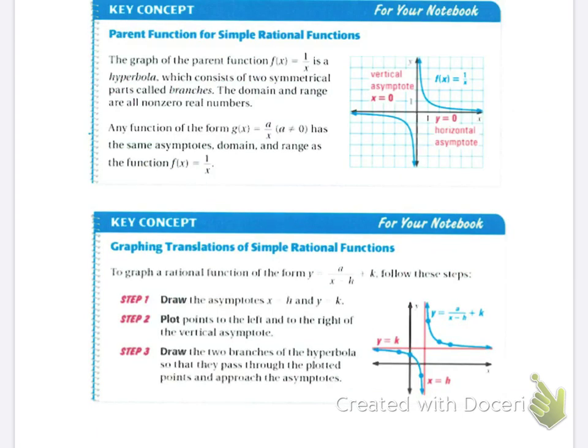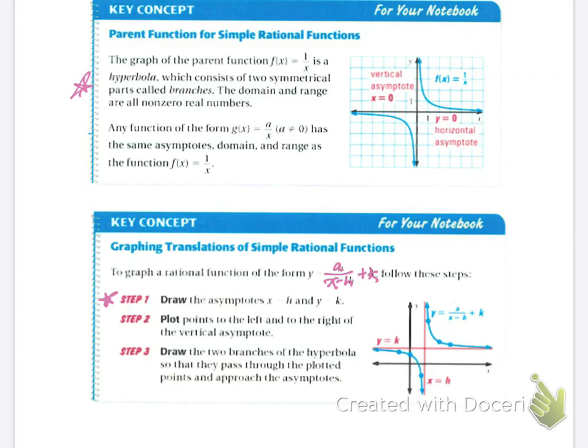So I just have the same thing at the top again. This is what a rational function will always look like. Hopefully it always has the 2. Okay, so how are we going to draw it? Now, I'm not taking your calculator, so just remember that you do have it if you want to use it. Because this kind of didn't copy well, it's y equals a over x minus h plus k.